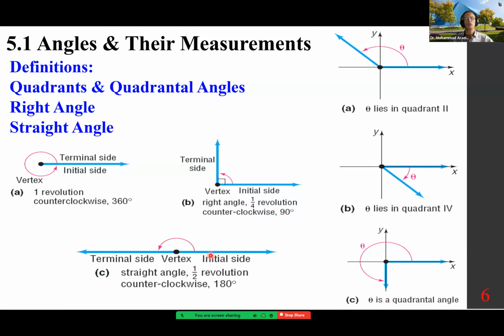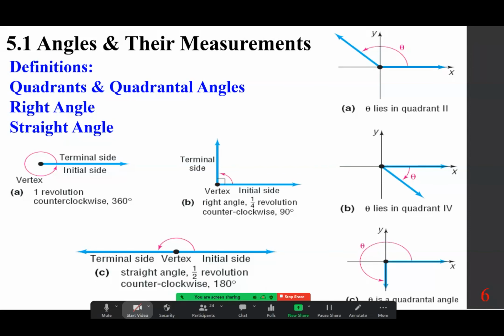And this one is a straight angle, 180 degrees. The initial side is obviously along the positive side of the x-axis, and the terminal side is along the negative side of the x-axis. A straight angle is half a revolution counterclockwise, 180 degrees.